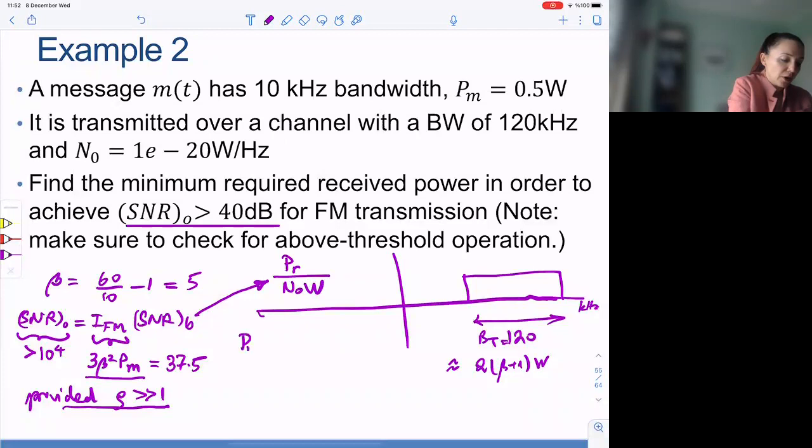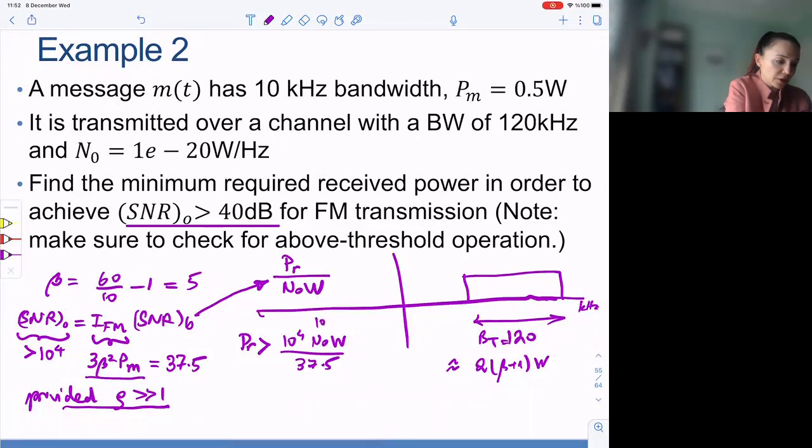which means that P_R is bigger than 10 to the 4 times N naught W divided by 37.5, essentially. And what is N naught W?